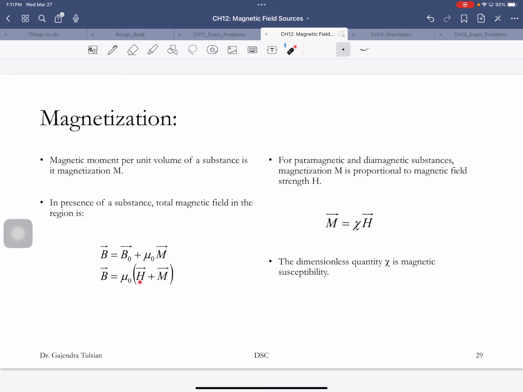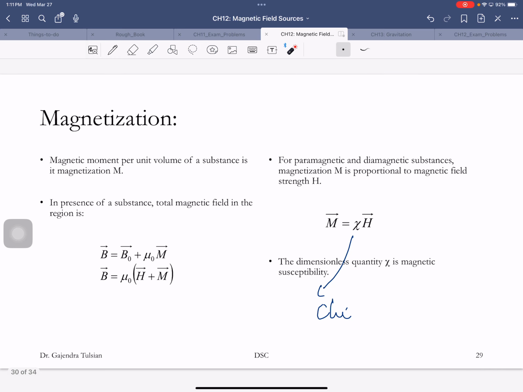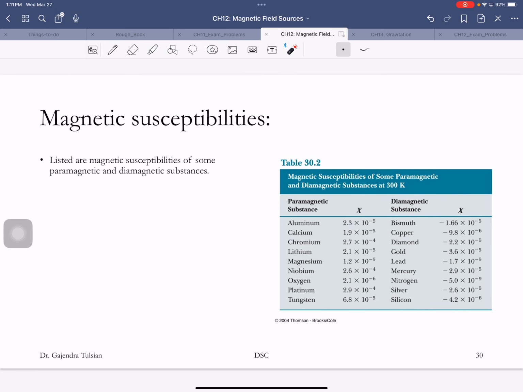We define something called magnetic field strength denoted by H. Mu naught times H is B, and the magnetization is proportional to the field strength. The constant of proportionality is called the magnetic susceptibility, chi. For paramagnetic substances, magnetic susceptibility is positive.